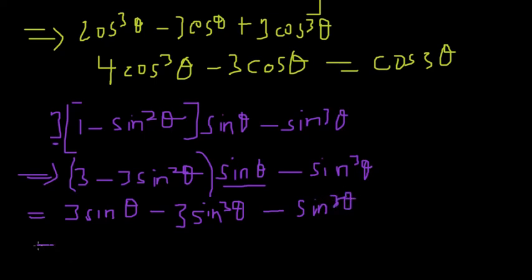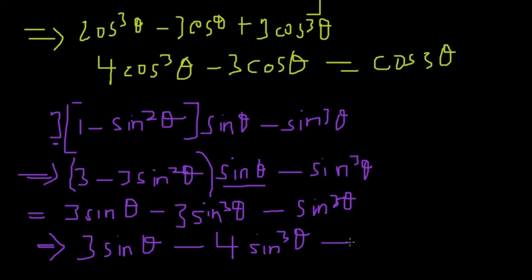Now let's simplify it further. Once we have sine cubed theta and then sine cubed theta, we further simplify to 3 sine theta minus 4 sine cubed theta. From here you will notice that this also represents an imaginary portion of the complex number.